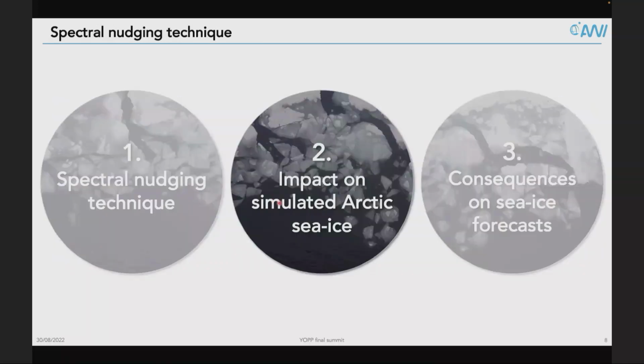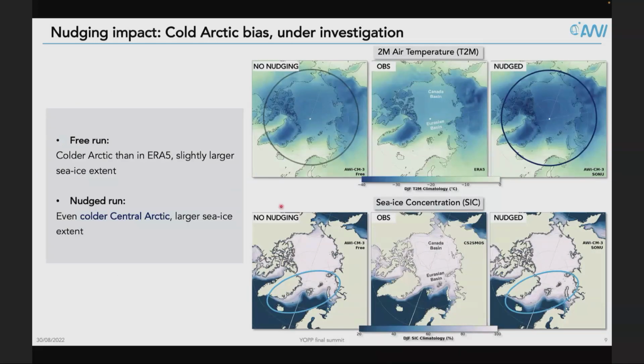All right, so what is the impact of spectral nudging on the simulated Arctic sea ice? One first and rather unexpected consequence of the nudging on our simulations was the development of a cold Arctic bias. On top here, you have the 2-meter air temperature in the simulations without nudging, the observations in the middle, and on the right with nudging.